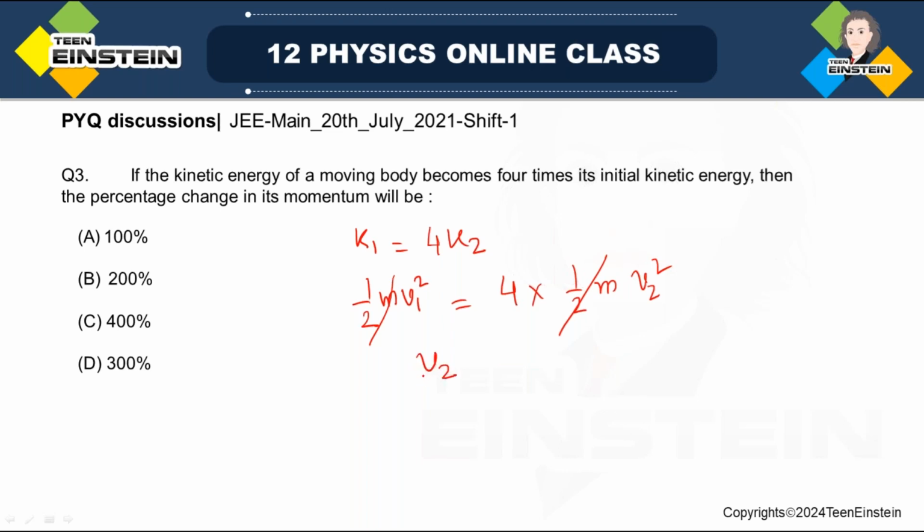Then V2 will be equal to 2V1. Then what is the momentum? See, I can write delta P.